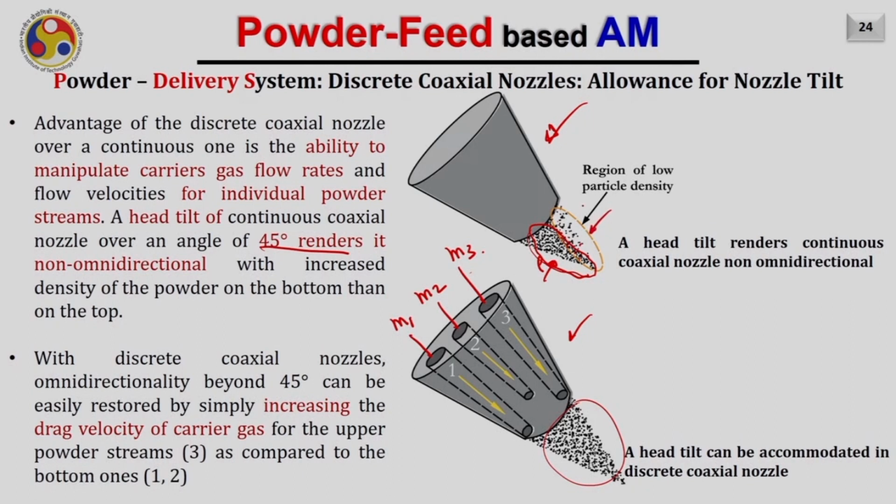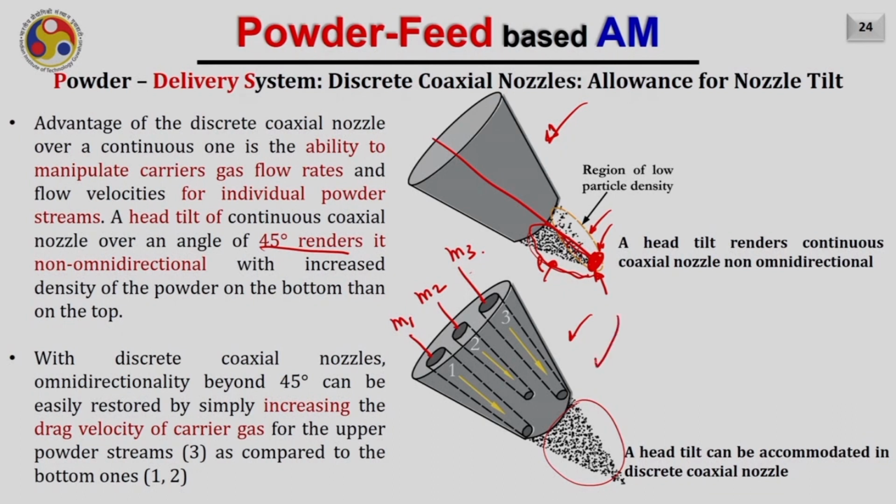If your laser is coming like this and making a spot, there is no material available on the right side of the spot, while there is a lot of material available on the left side of the spot. As a result, the material property which you will obtain in the deposition may vary if you change the direction of deposition.